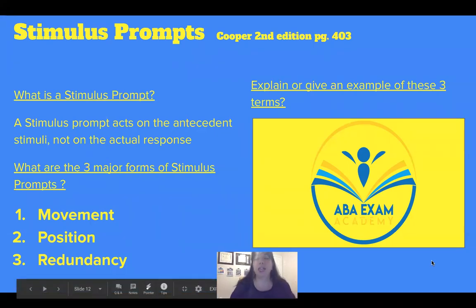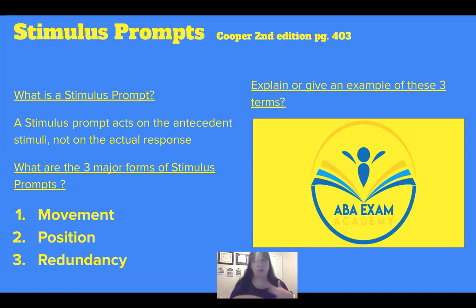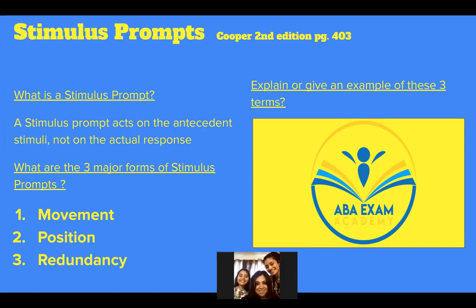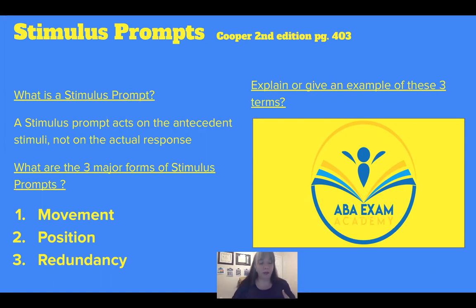All right, explain or give an example of the three. So basically what we did last time, let's try to break it down and see if we know all of these. Movement, who knows what it is? That one is touching or pointing to the item. So movement is more moving an item, right?